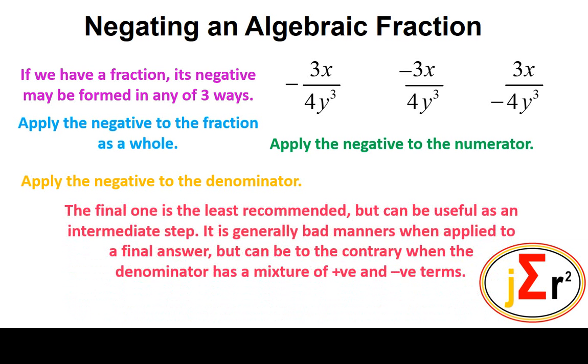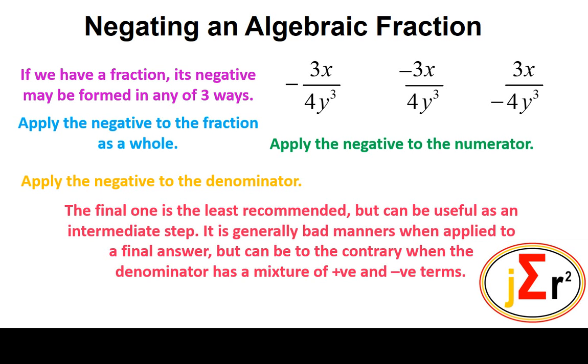The final one is the least recommended, but can be useful as an intermediate step. It is generally bad manners when applied to a final answer, but can be to the contrary when the denominator has a mixture of positive and negative terms.